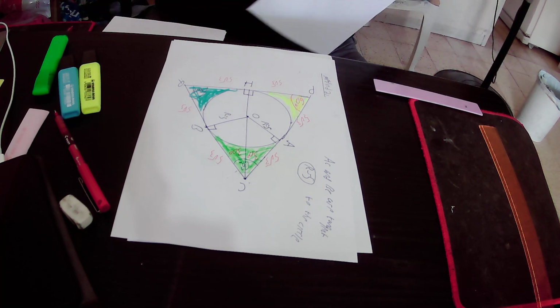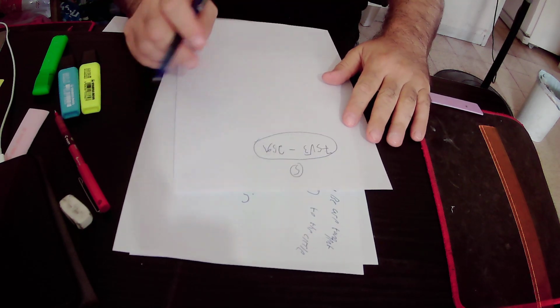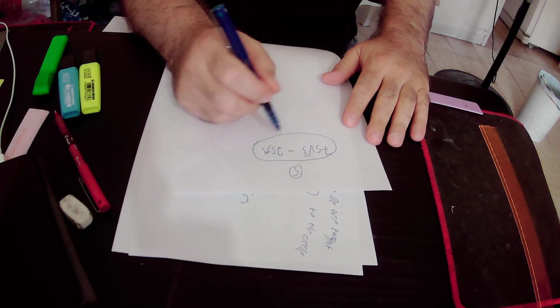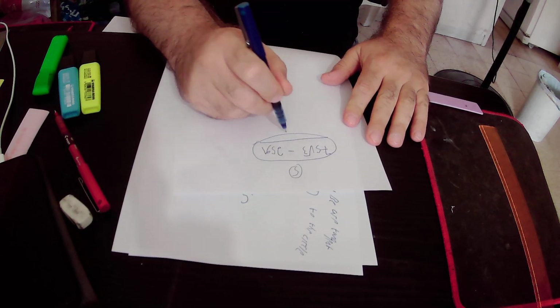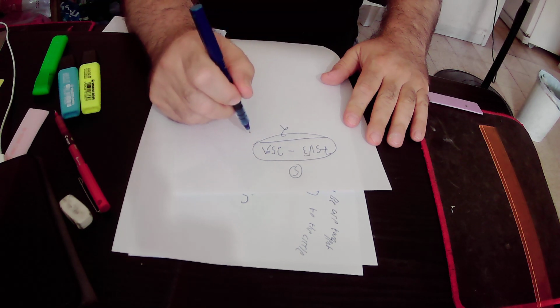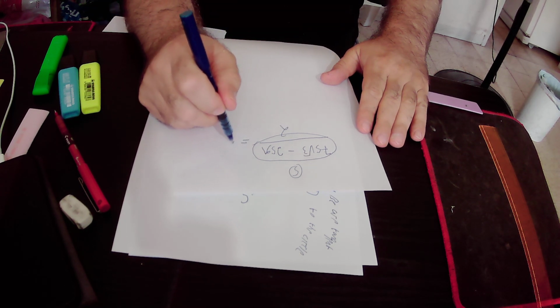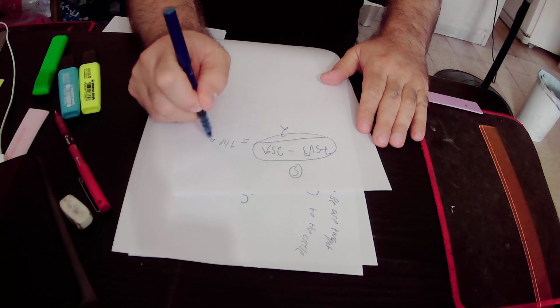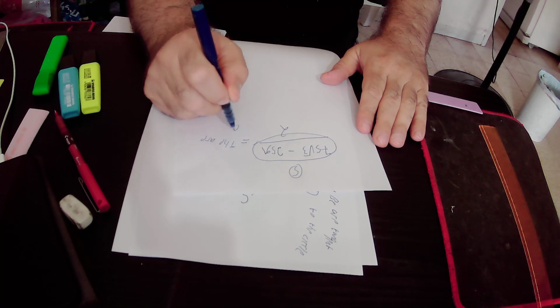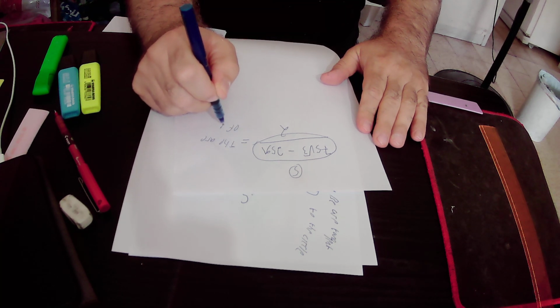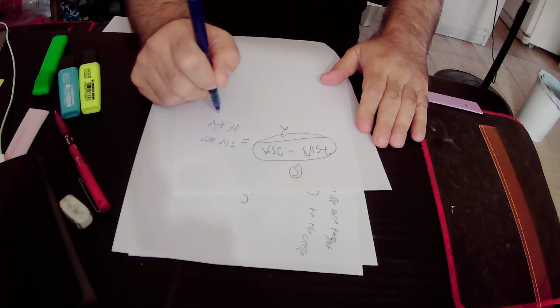So we will divide the sum of the areas of the 3 shapes by 3, and that will be the area of the green shape.